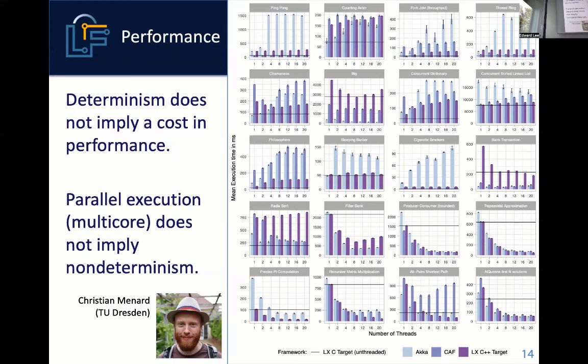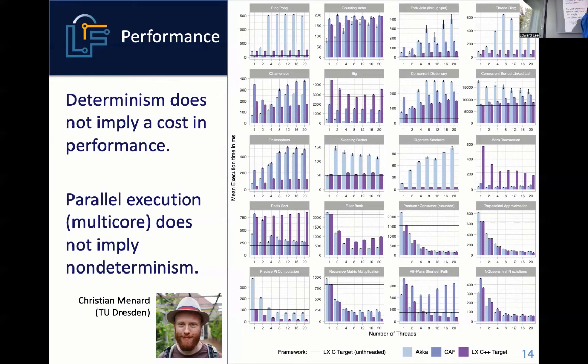The other thing that's interesting about these benchmarks is that they kind of show how things scale. The horizontal axis here is the number of worker threads that are used. And these benchmarks were run on a machine that had 24 cores. So it goes from 0 to 24 worker threads. And you can see that for some of these applications, so the light blue here is ACA, which is the Java-based framework.